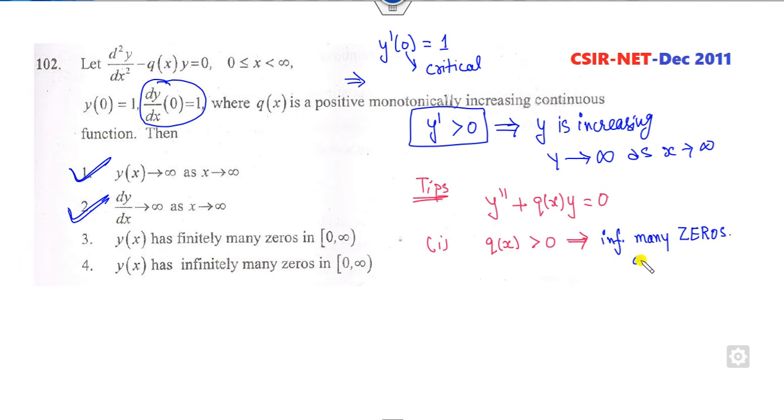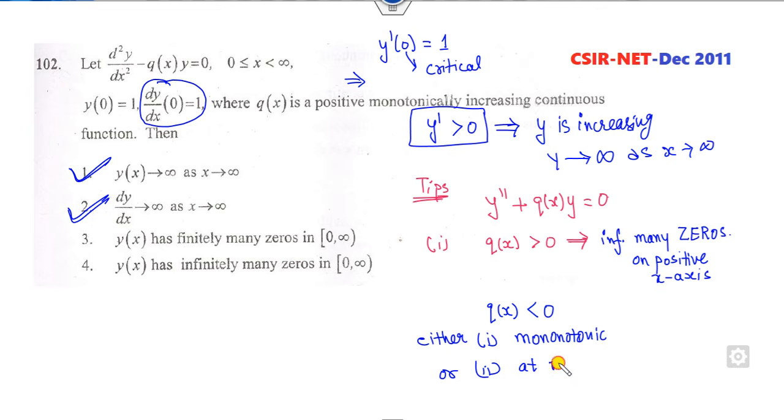Remember, zeros on the positive x-axis. Whenever q of x is less than 0, then it has two conditions. The first one is it is a monotonic function. It is either a monotonic function or it has at most 1 zero. Remember, these are the two conditions on this q, provided y double dash plus qx is 0.